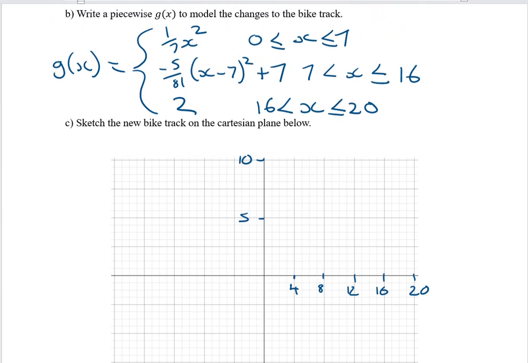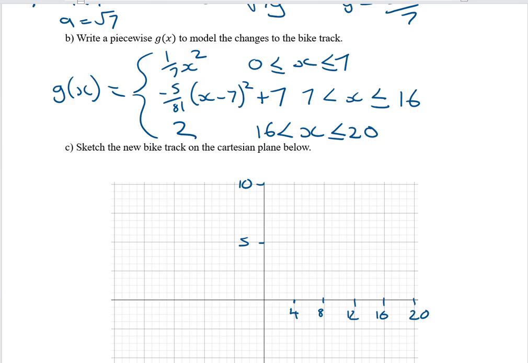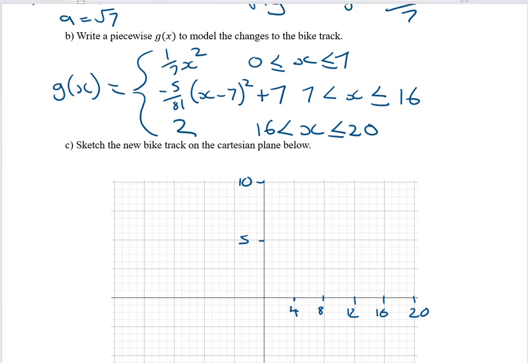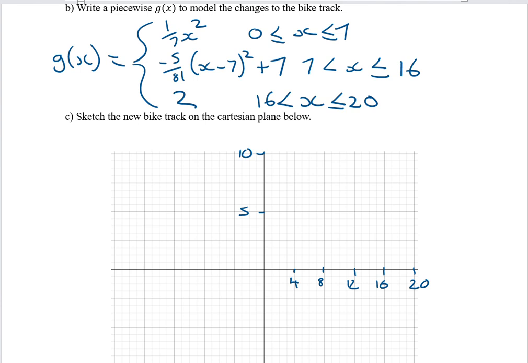Okay, so let's look at the first part. The first part says we are looking at the 3 points that we have. So the first point is going to be at 7, 7. That has not changed. So 7, I go up. Be that here. 7 and 7.